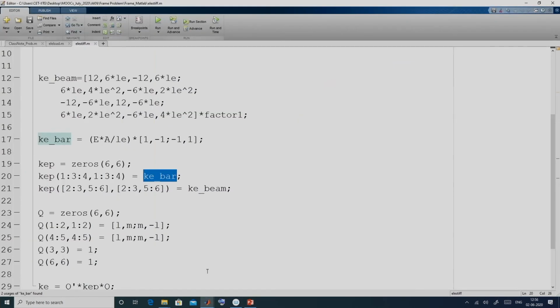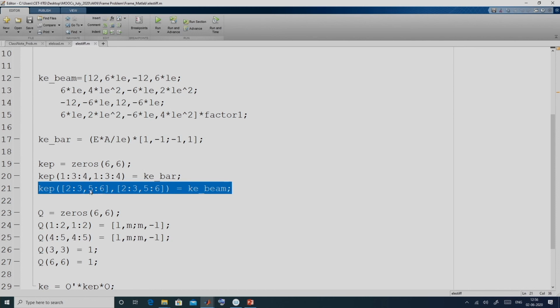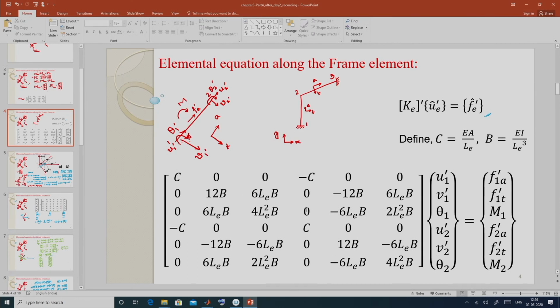This is implemented in this step, 2 to 3, 5 to 6. So, this is your KP, that is K prime, the combined 6 cross 6 stiffness matrix for a frame element in local frame, this matrix KP.